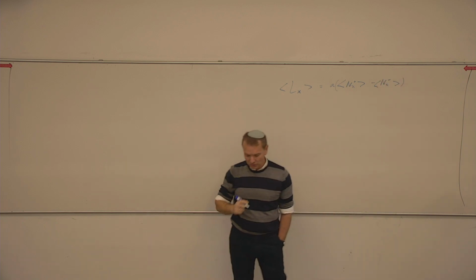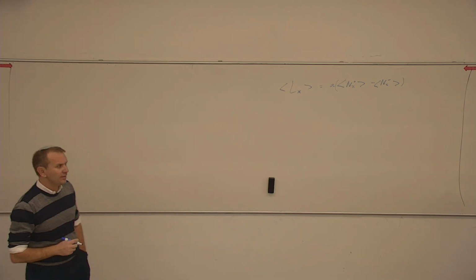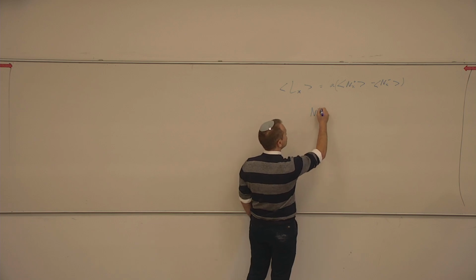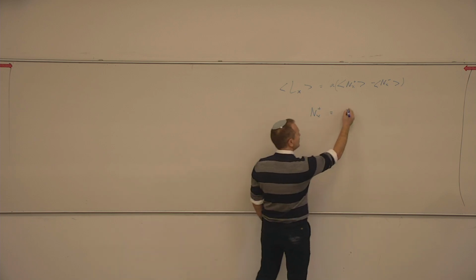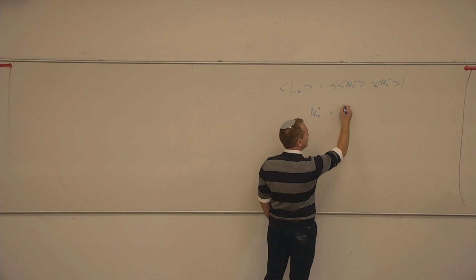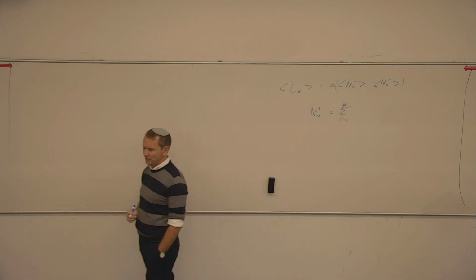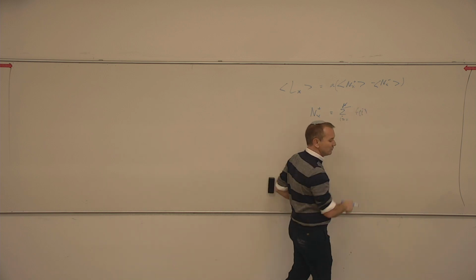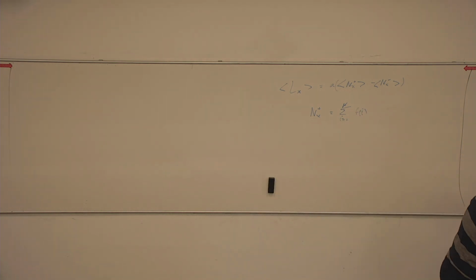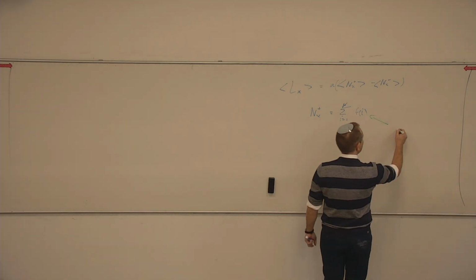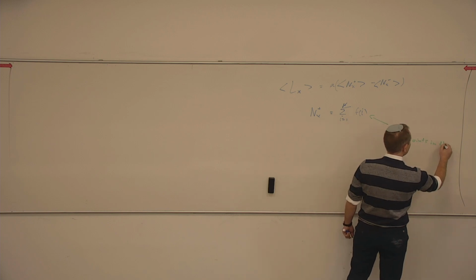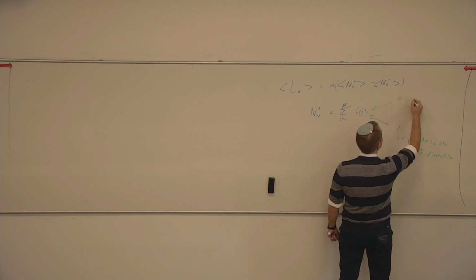Now we used the indicator function technique by saying that Nx plus is just the sum over i from 1 to n, where n is the number of monomers inside the system, of f of i, where f of i is the indicator function. It is 1 if the monomer points in the x direction, and it's 0 otherwise.